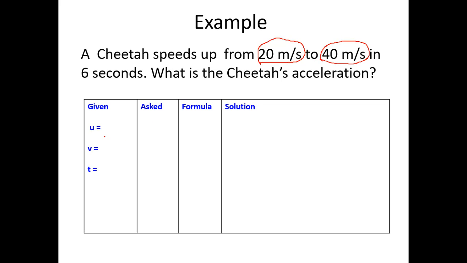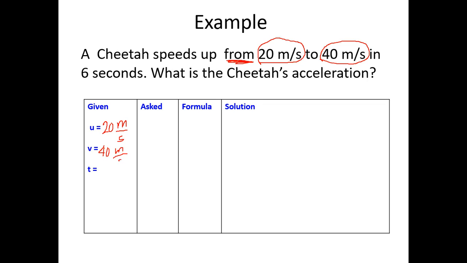When you look at your given, remember, u is the beginning velocity. So you know very well that this 20 meters per second is your beginning velocity because of this keyword, which is from. So your u is 20 m per s. And of course, this one will be your final speed, v is 40 m per s.